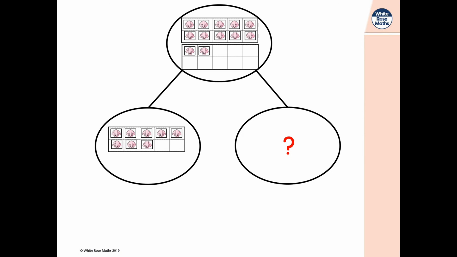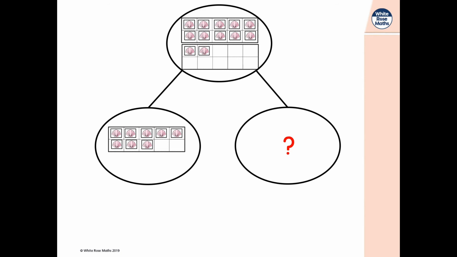One is completely full, and one only has 2 shells. That would give it a total of 12. Well done. And one of the parts has only 1 10 frame with 8 shells. But then we have one that's empty. We don't know. So I wonder what we could do to find out the answer.